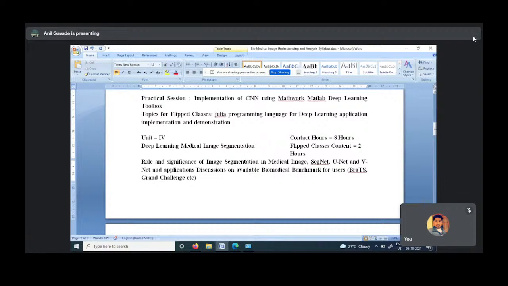Also, we will introduce a little about the benchmarks available worldwide, which we can explore along with our subject, and the available challenges in which we can participate. There is something called the Grand Challenge. Those who are interested in this subject can just Google BRATS, and you'll get a link.